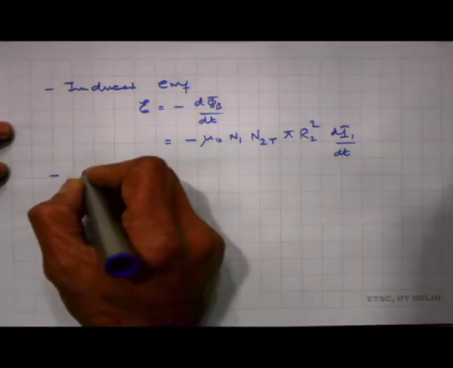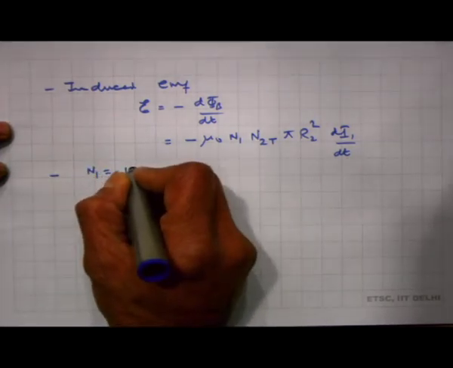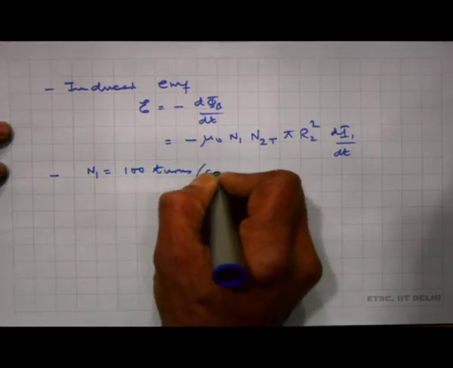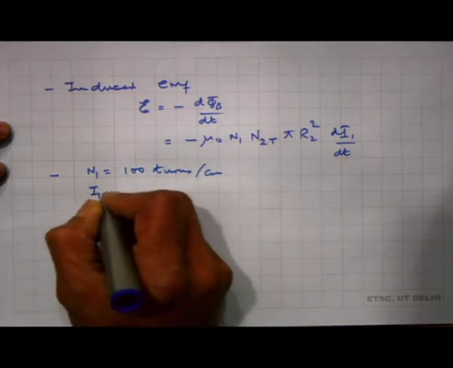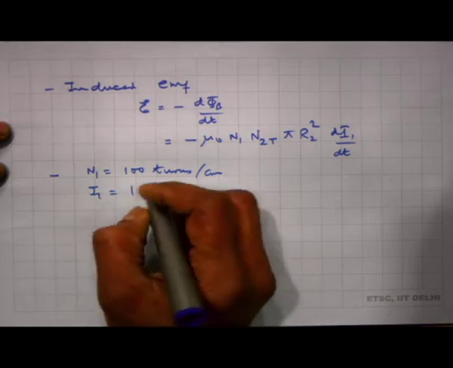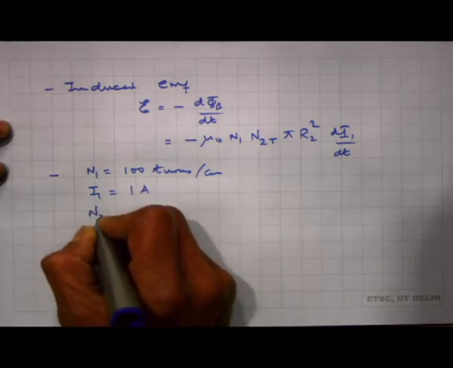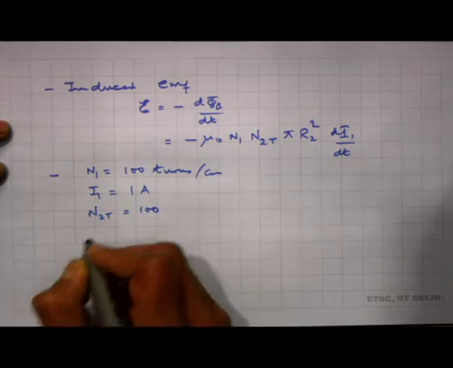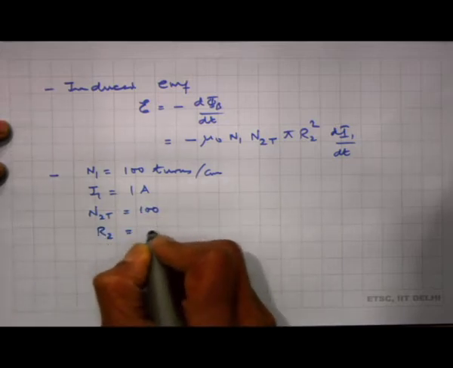So, as an example, let me assume N1 is 100 turns per centimeter, with a current I1 of 1 ampere. Let me assume N2T is equal to 100 total turns, and the radius of the inner solenoid to be 1 centimeter.